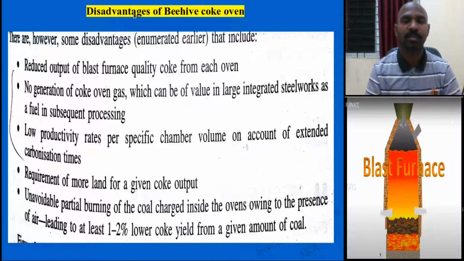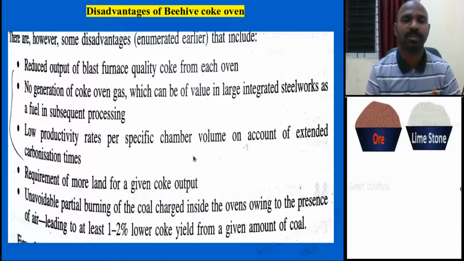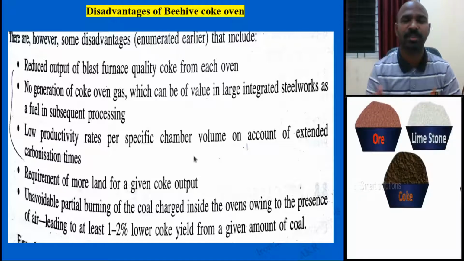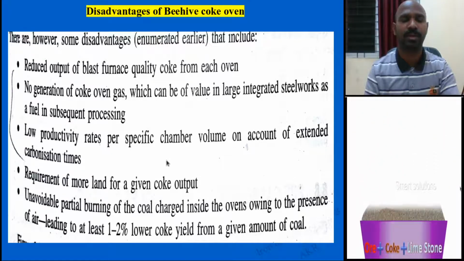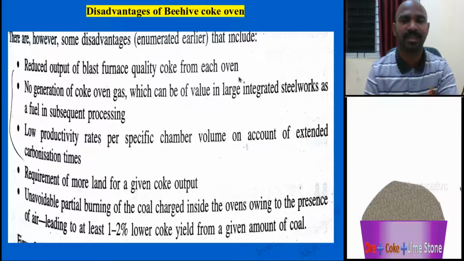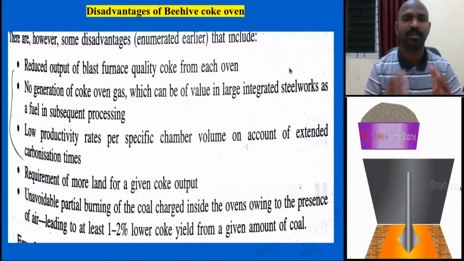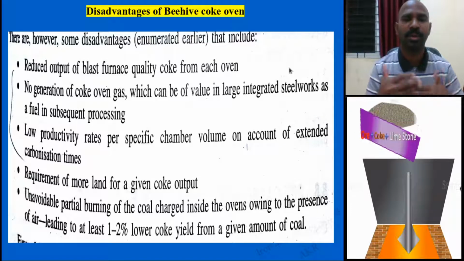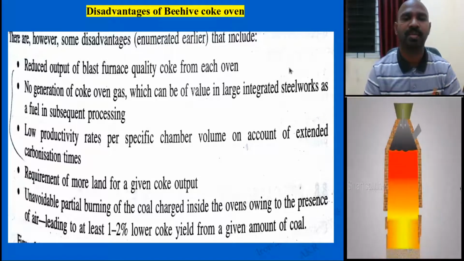And regarding productivity, because of the Beehive coke oven chamber dimension, the volume of the end product is very low, and you need more land, whereas the recoverable coke oven is automated, with compact chambers, long in length instead of wide. That is the advantage of the recoverable coke oven.